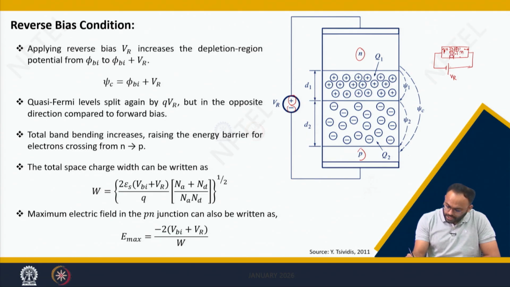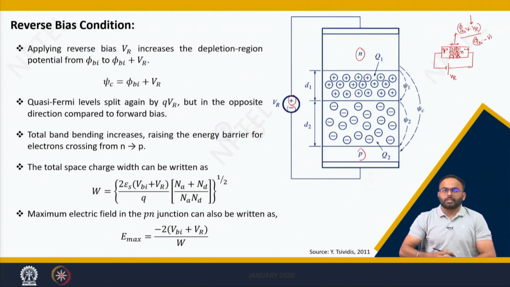To maintain charge neutrality and balance the charge, the depletion region expansion will be more in the reverse bias. If the depletion region expansion is more, the potential drop here will be more, and this potential drop now becomes phi Bi plus Vr. The total voltage across the depletion region was phi Bi minus V, but here the total voltage is phi Bi plus Vr.